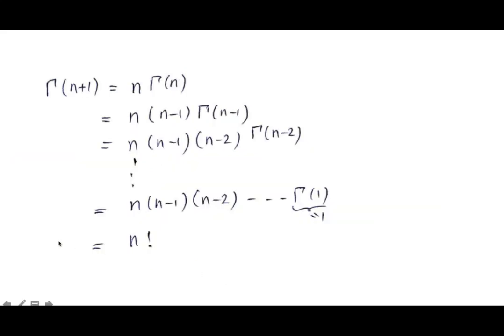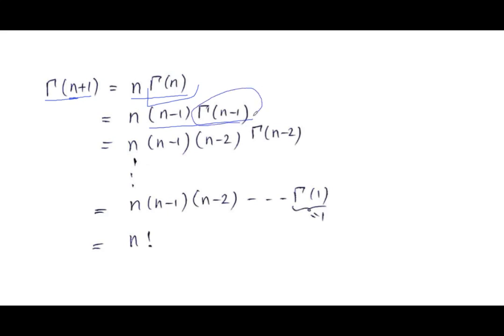Now, by using this property, if we consider integer values instead of x, because we have seen this is true for general values of x, which can be non-integer as well, but this is also going to be true for the integers. And if we do so, we can represent the gamma function of n plus 1 as n times gamma of n, and then keep substituting. So instead of this expression, you can substitute this term.